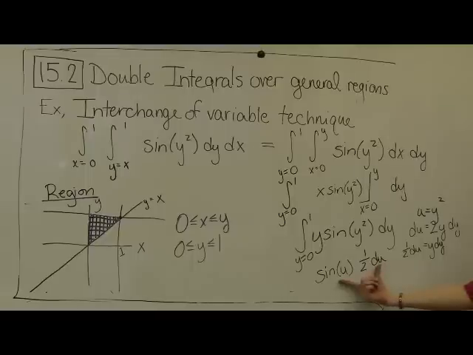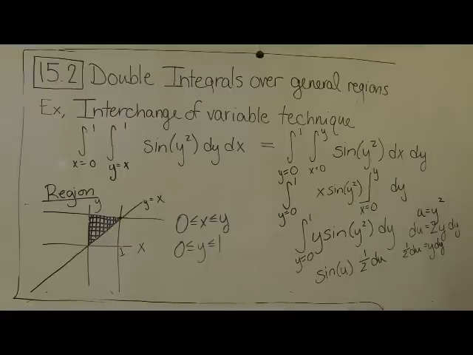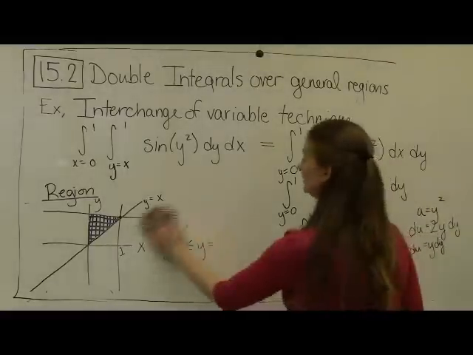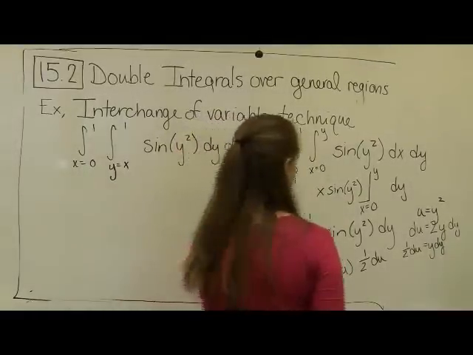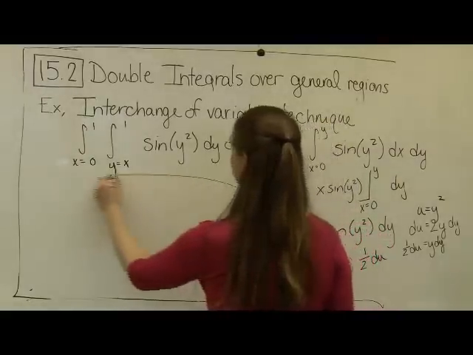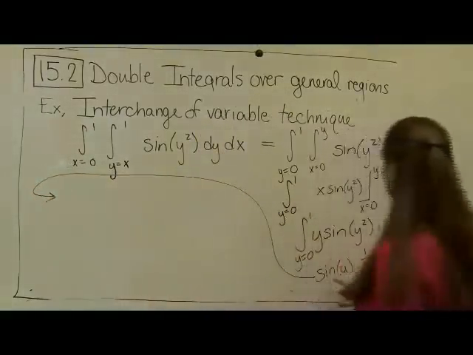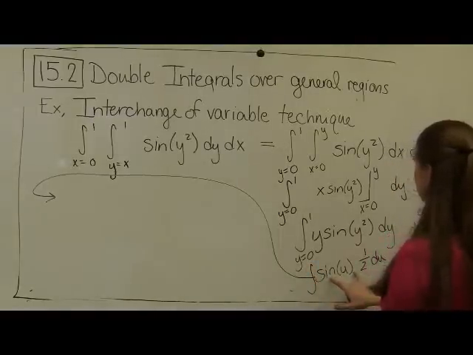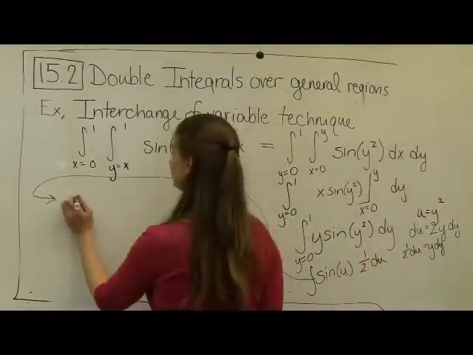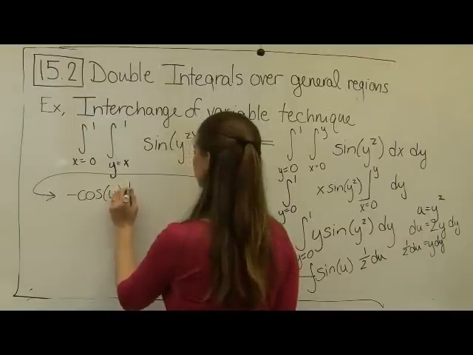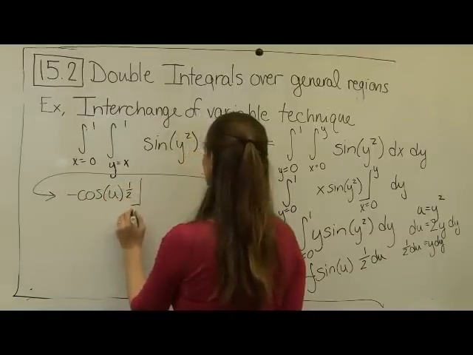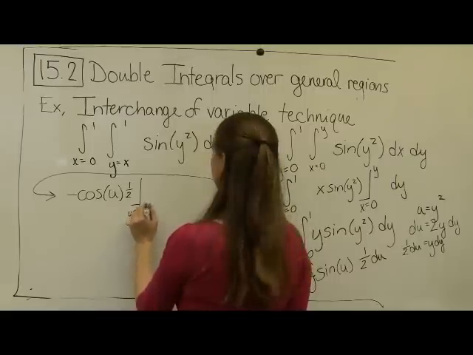I'm going to integrate this with respect to u, and when I integrate this with respect to u, the sine of u is the negative cosine of u, and the 1/2 is just a coefficient. So I see that when I integrate this function with respect to u, I end up with the negative cosine of u times 1/2, evaluated from where y is equal to 0 to 1.